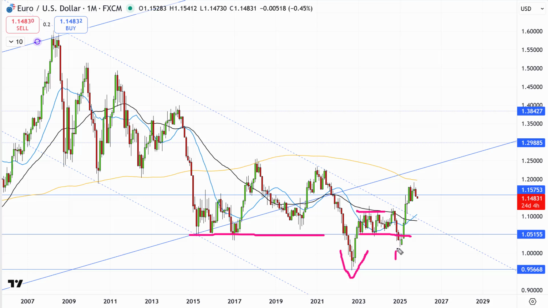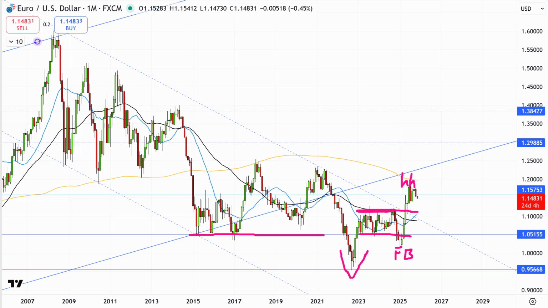So here's our false break, a failure pattern basically, a failure to roll over and then work our way down to new lows. And then we've come up and actually taken out the highs of that range.